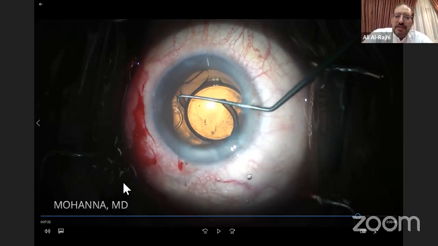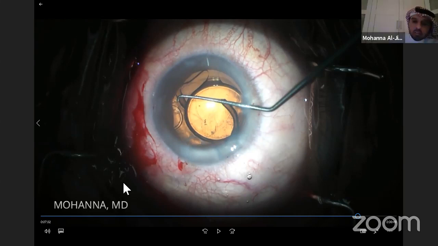The same question came again. The zonules on the opposite side, since you have a very big subluxation of the lens, were they intact? It is intact, the superior part. Okay.